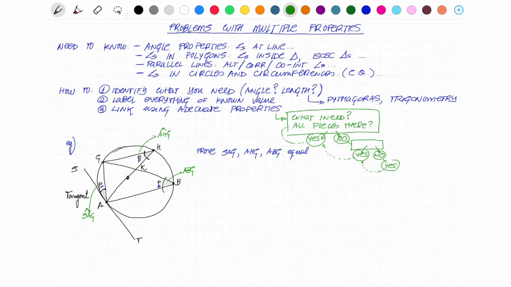So I've been thinking of what do I see in there. First of all, they tell me that this line from S to T is a tangent, and they mark an origin there. So I know there is an angle there of 90 degrees. Then I look at two angles that are starting and finishing in the same points. So they're actually going to be in the same chord.